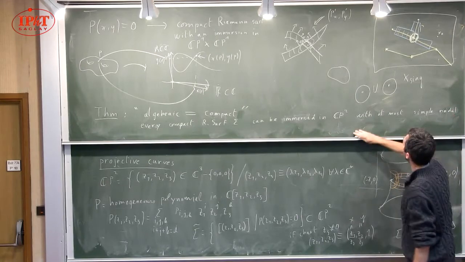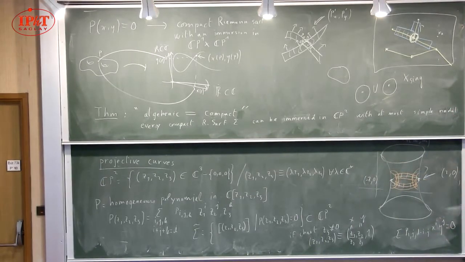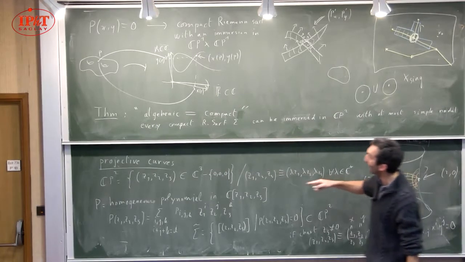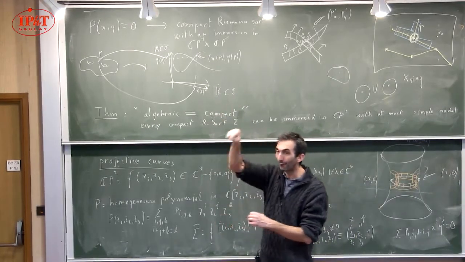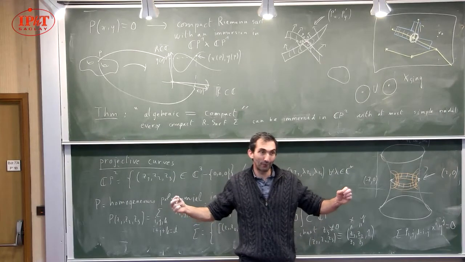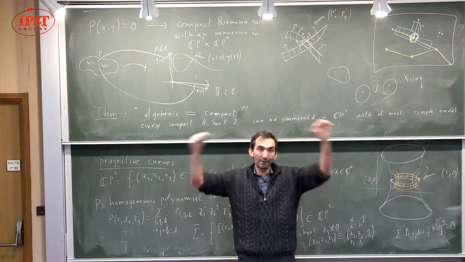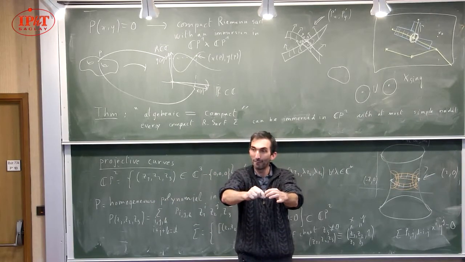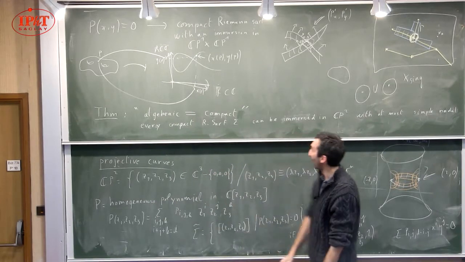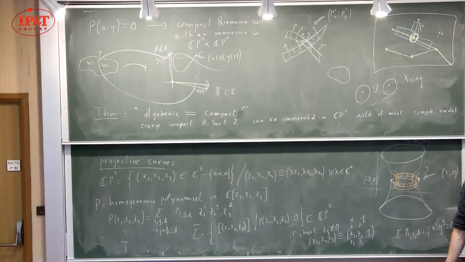The difference between immersion and embedding is that an embedding is truly a bijection, and an immersion can have those points, so it's not necessarily bijective. Remember that the map from sigma to sigma tilde was not bijective, because two different points of sigma can be sent to the same point of sigma tilde. In an embedding, this would not be the case.